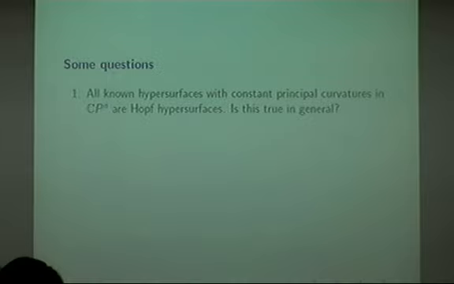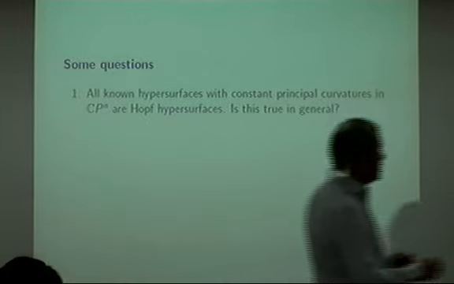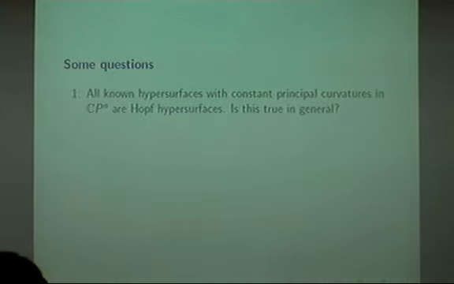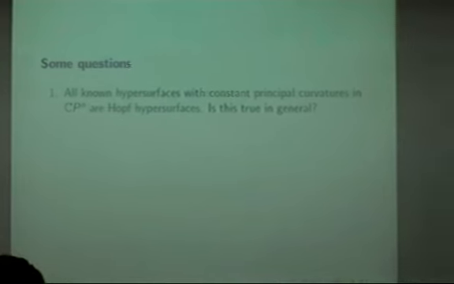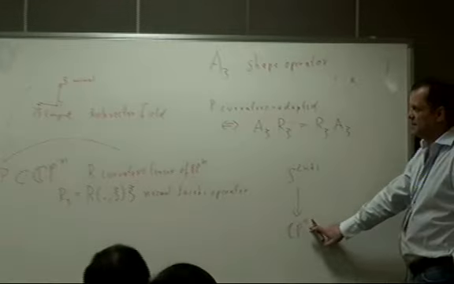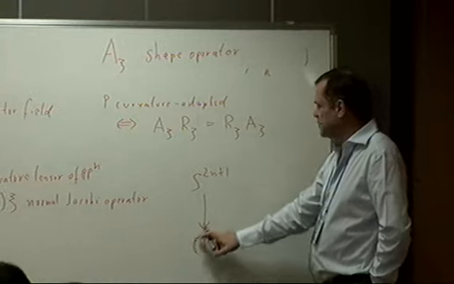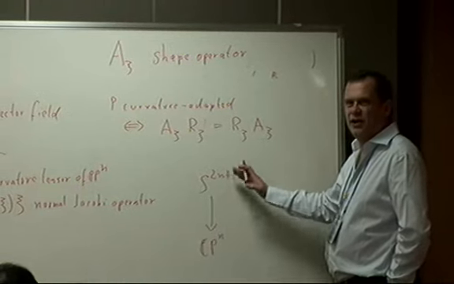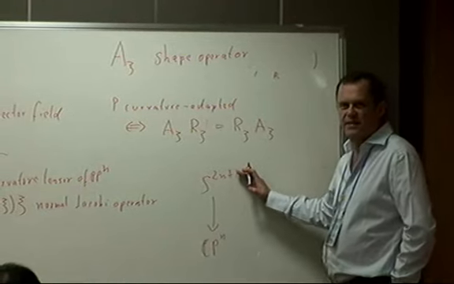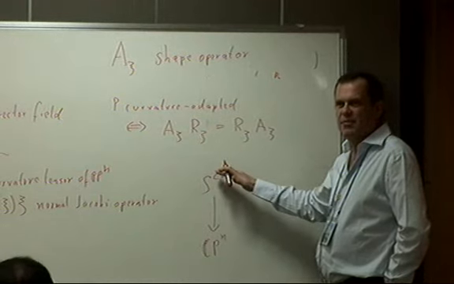See, one idea one could have, but that doesn't lead to anything, is using the Hopf fibration again from the sphere to complex projective space. So when one has constant principal curvatures here, try to look at the pullback in the sphere, and then what can we say about this?